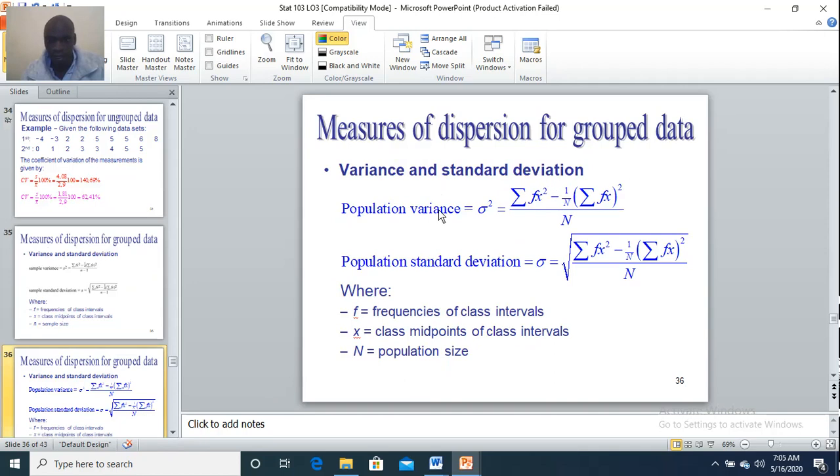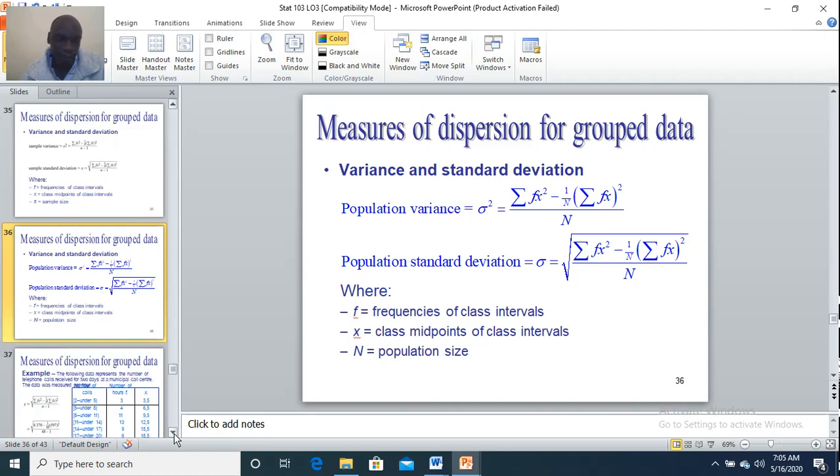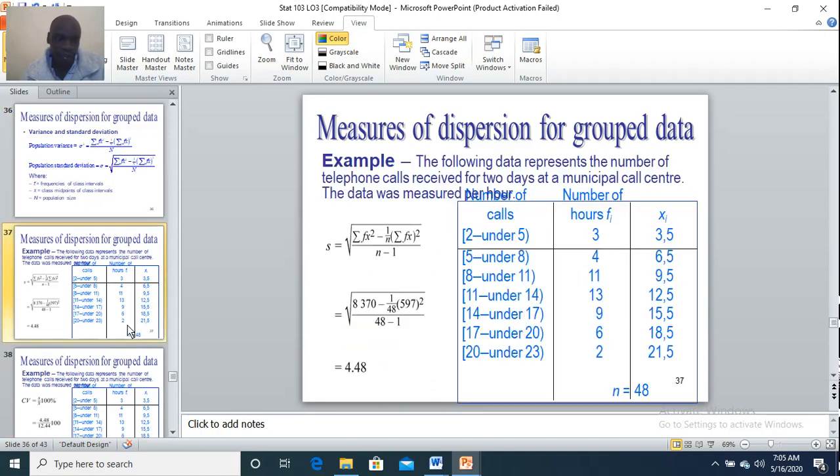This is the formula now for grouped data, where x is the midpoint, this is f, and this is our total set of pairs. So this is our grouped data. The n is the total, so 48.